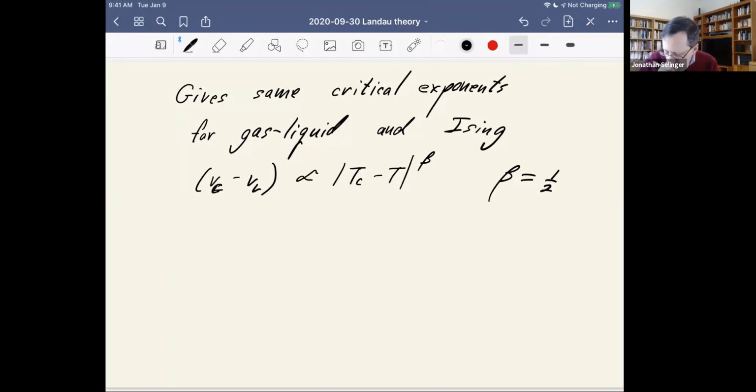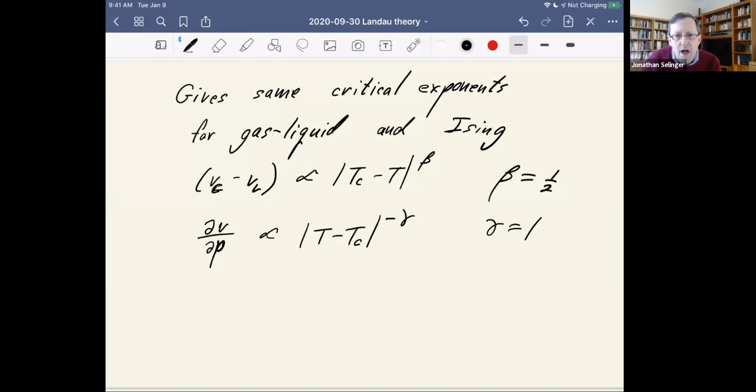And the compressibility, that is the derivative of volume with respect to pressure, is proportional to T minus Tc to the negative gamma power, with gamma equals 1.